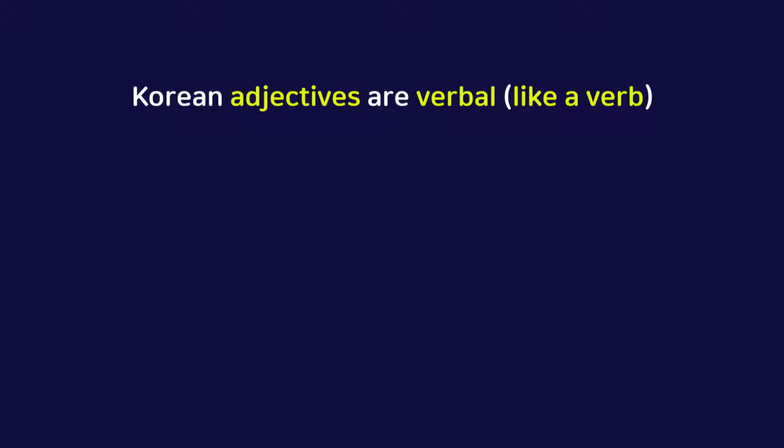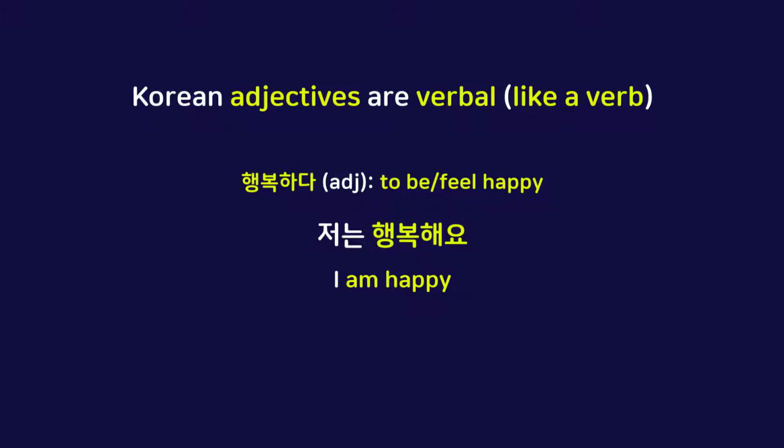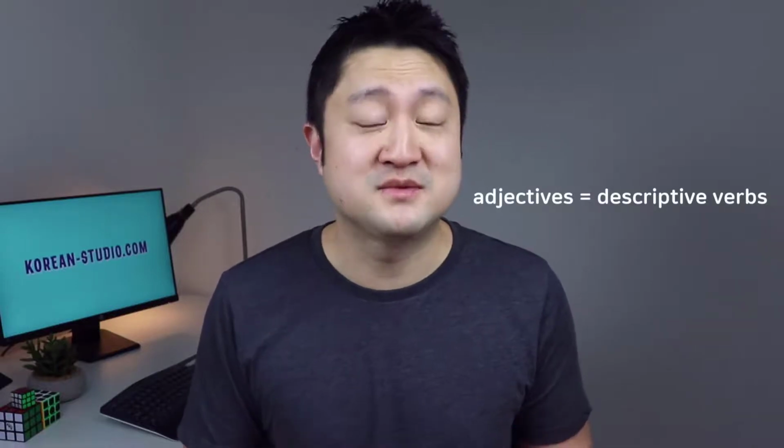So if we want to say I am happy or I feel happy, we can use the adjective 행복하다 and say 저는 행복해요. So 행복하다 means to be happy or to feel happy. So it already contains the verbs to be or to feel. For this reason, Korean adjectives are also referred to as descriptive verbs.